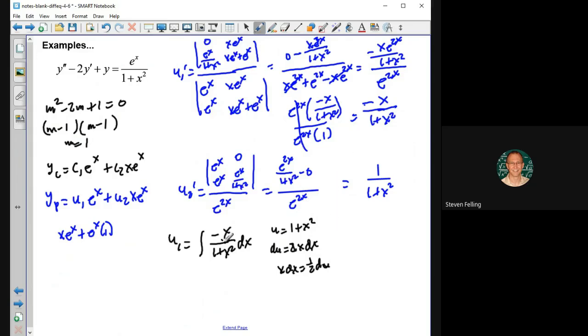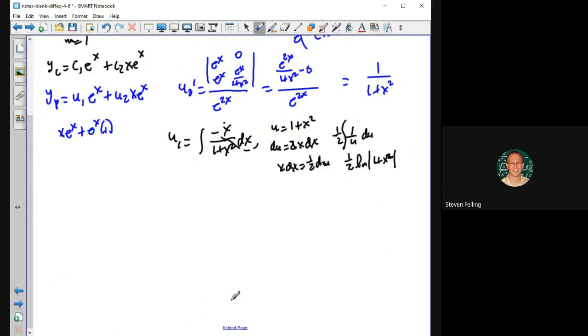So if I take this x dx and replace it, this is the same as the antiderivative of negative, I'll bring it outside, and this is just going to be 1 over u. And then this is 1/2 du. So I'll put the 1/2 out here, du. So we end up with 1/2 natural log of the absolute value of u, but u is 1 plus x squared. Okay, so we were able to do that with a u sub.